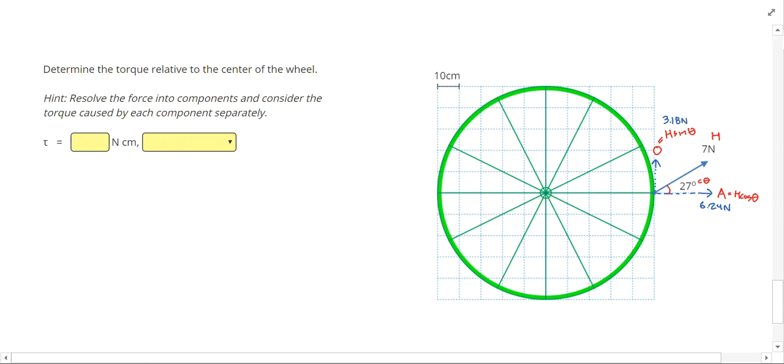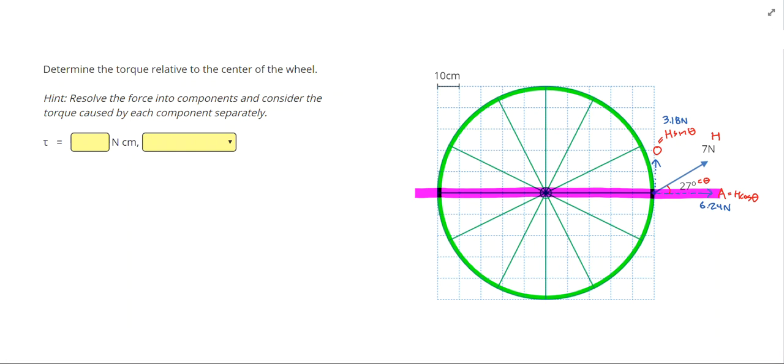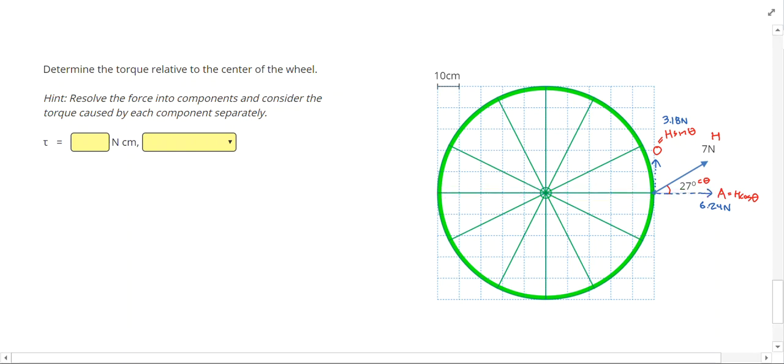Alright, so if I think about each one of these having a line of action, let's start off with the adjacent side. So the horizontal component has a line of action that goes right through the center. So basically what this tells me is this horizontal component, this 6.24 newtons, is not trying to cause any rotation. It's not causing any torque. So let me go ahead and erase that. So I don't need to use that 6.24.